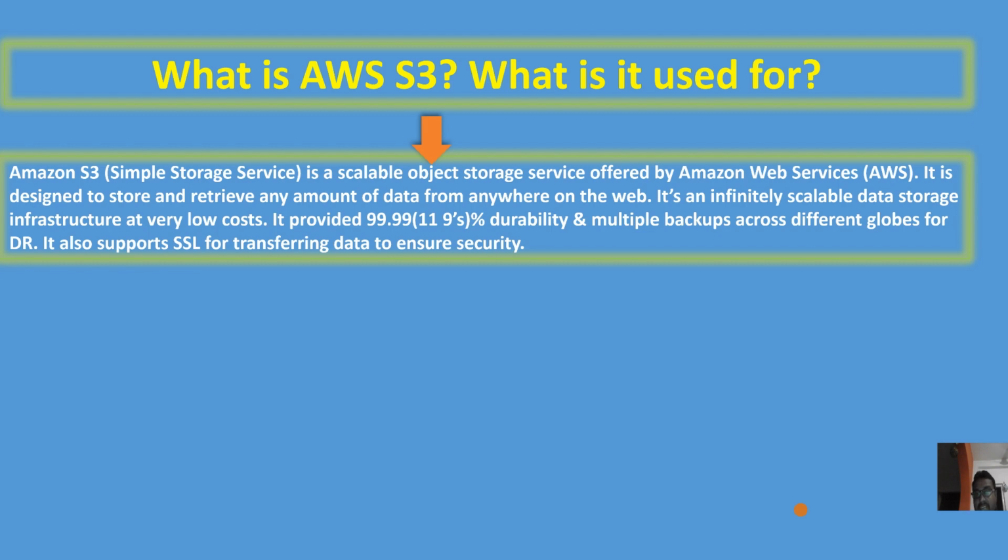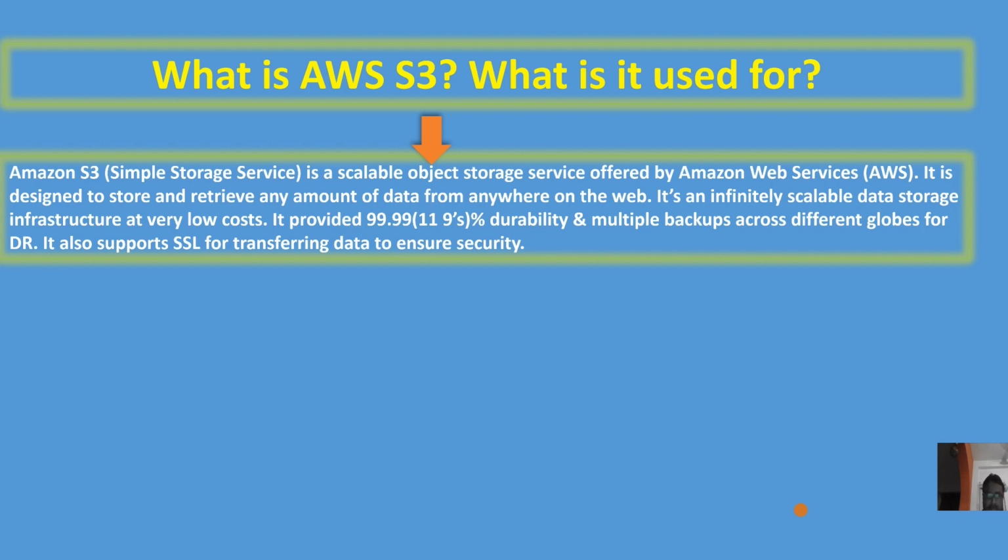And one more interesting thing, if you would like to transfer your data from S3 over the SSL transport layer, you can do that, because the SSL transport layer makes sure that data transfer is fully secure.